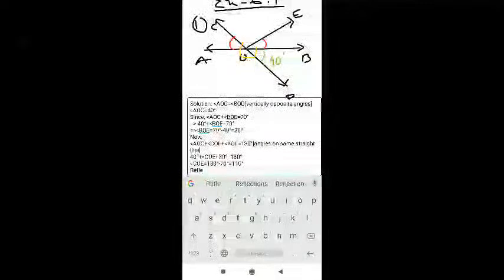Now we need the reflex one. To find the reflex angle, we subtract angle COE from 360 degrees, and angle COE is 110 degrees. So the reflex angle is 250 degrees.